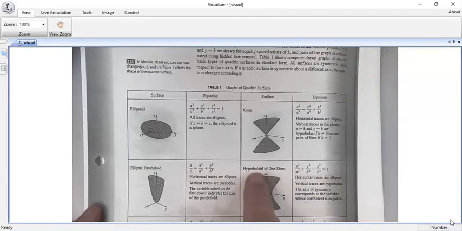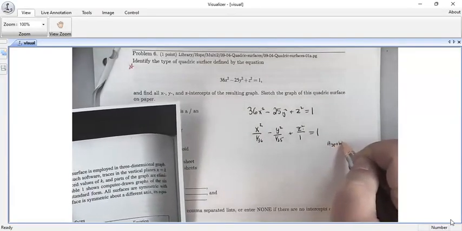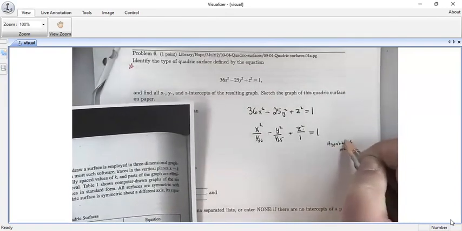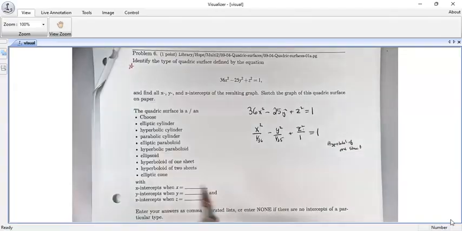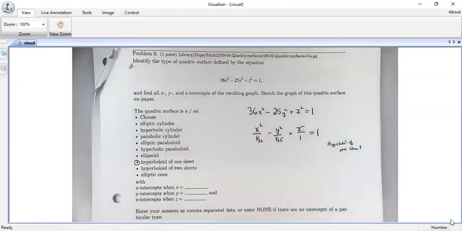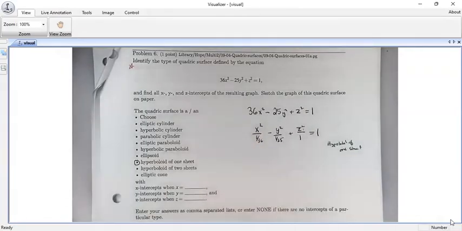What's this guy's name? Hyperboloid of 1 sheet. So this is going to be the hyperboloid of 1 sheet. There's the actual guy. And again, it's the variables all being squared and it's the sign of them.